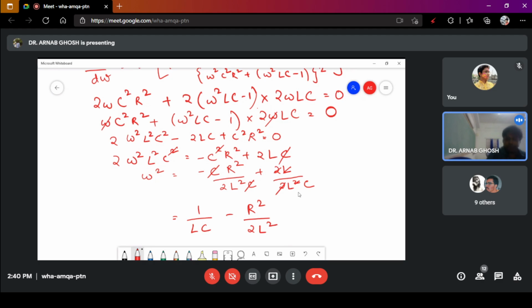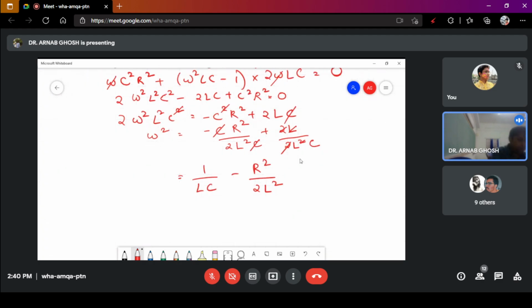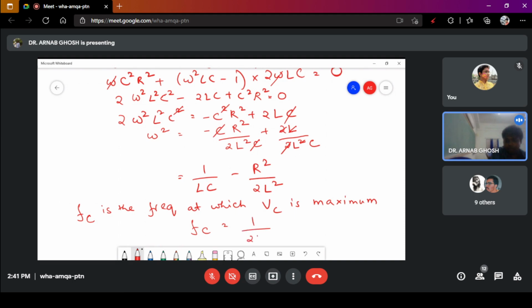So what is the value of the frequency? Let's say FC is the frequency at which VC is maximum. So what will be FC? FC will be equal to 1 by 2 pi root over 1 by LC minus R square by 2L square.